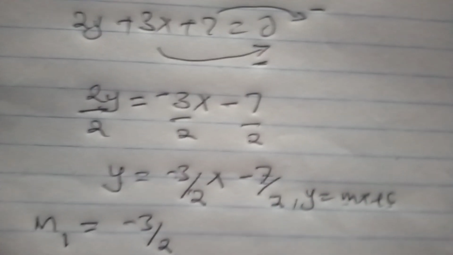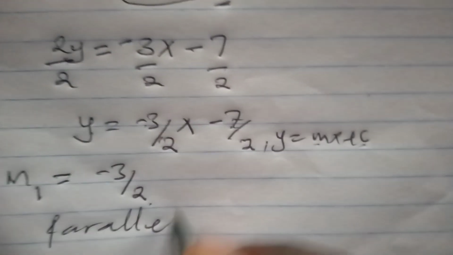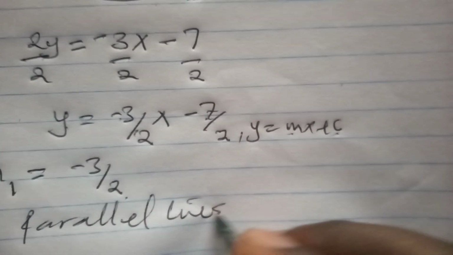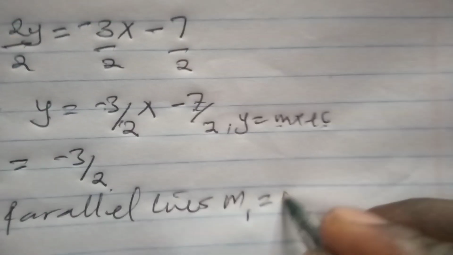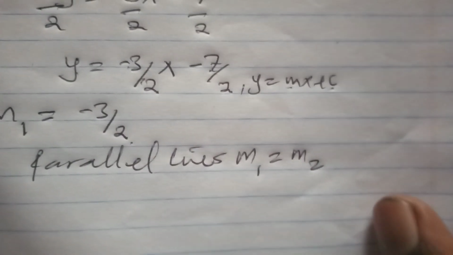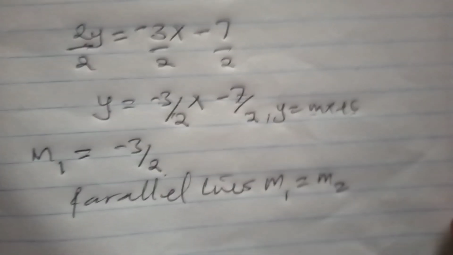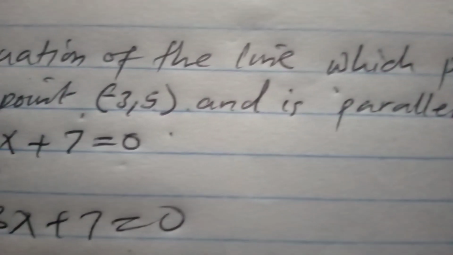But we know for parallel lines m1 is equal to m2, so they have the same gradient. So we get m2 as -3 over 2, and the point from the question is (-3, 5).